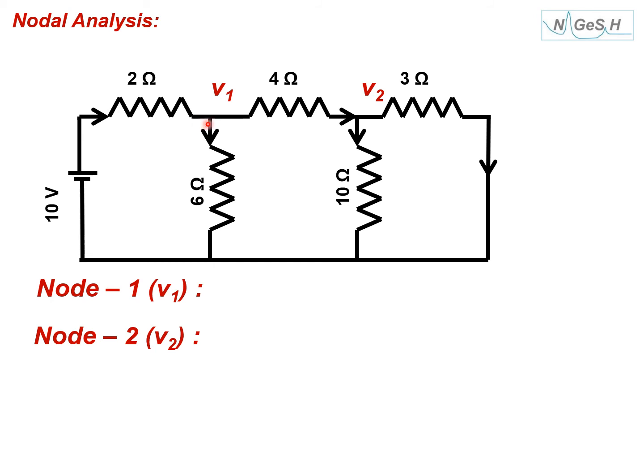Now we are at voltage V1 and V2, and I have assumed current directions. Accordingly, I will write Kirchhoff's current law for each node.